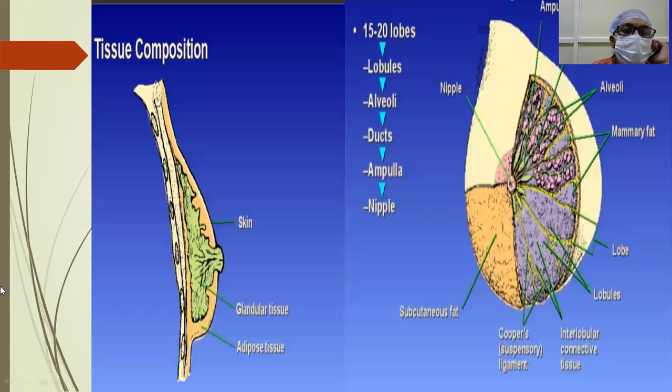So look at this. This is the glandular tissue. This is the fat or the adipose tissue, skin, pectoralis major, retromammary space, and these ribs. So look at this picture.